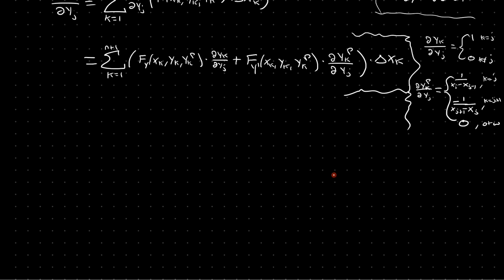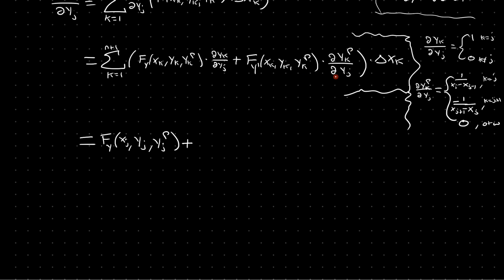So this means the following about this summation. Instead of being a relatively complicated summation, this term right here is going to simplify to just being equal to fy at xj, yj, yjp plus this summation right here, which is only non-zero at two terms.